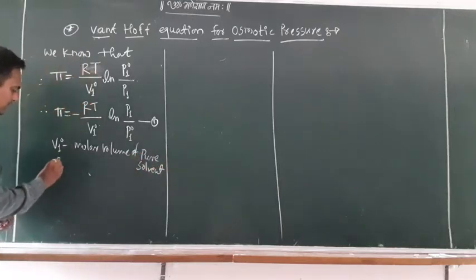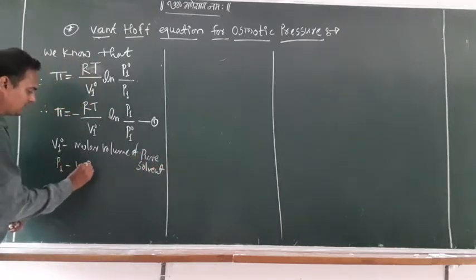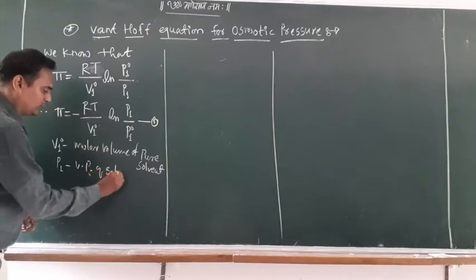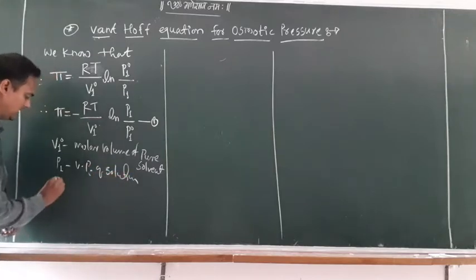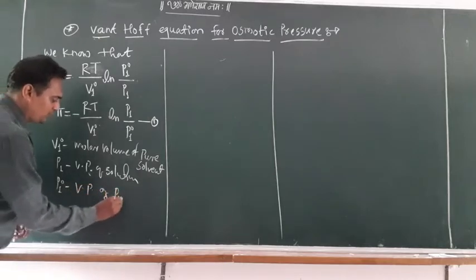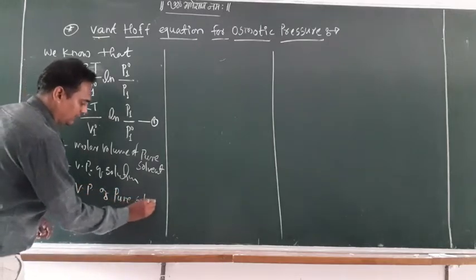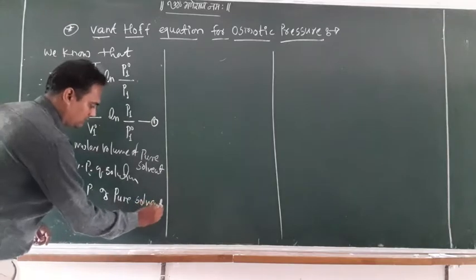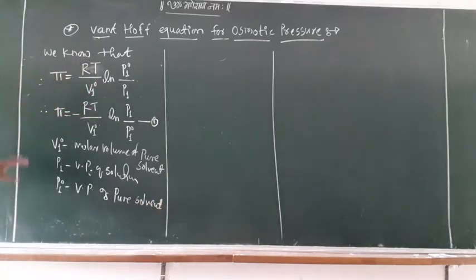P1 is the vapor pressure of solution, and P1 naught is the vapor pressure of pure solvent. Pi is osmotic pressure, T is temperature.